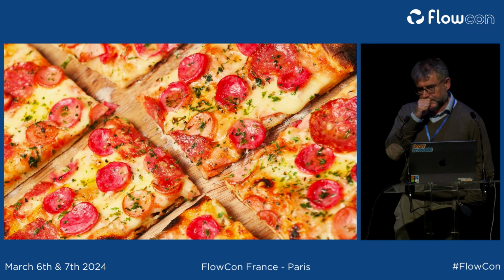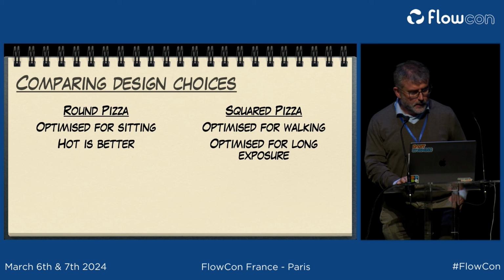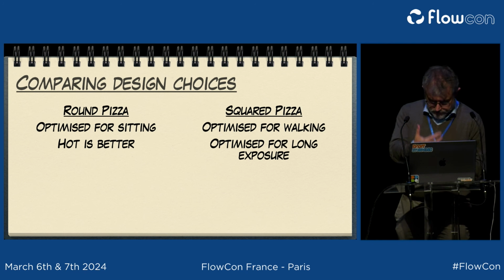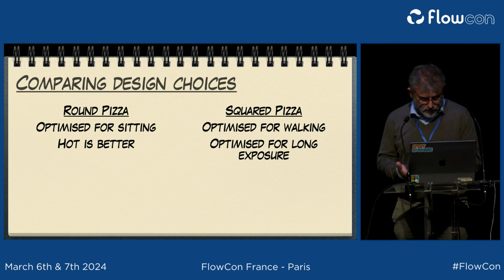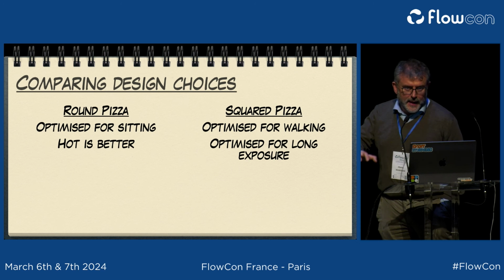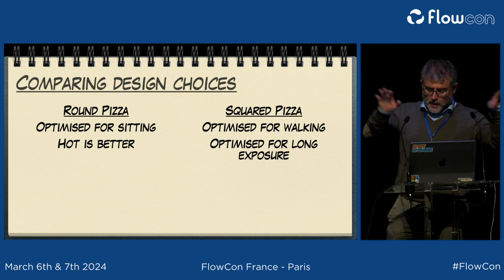And this is a different design approach to the same problem that might be comparable. Round pizza is optimized for sitting. If you heat it hot, eat it hot is better. Square pizza is optimized for walking and could be kept warm for a longer time. And well, it's a different product, different market segment.